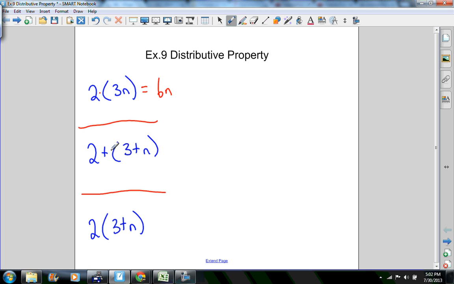Okay, and for this bottom one, there is a symbol already there, and it's just an addition sign. So actually, we can ignore these parentheses, and this is just 2 plus 3 plus n, which means we can add those two together to give us 5 plus n.